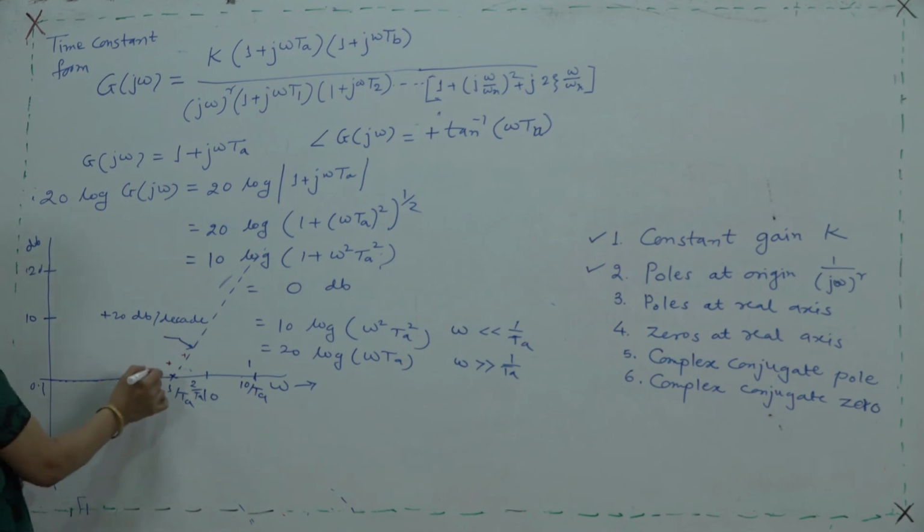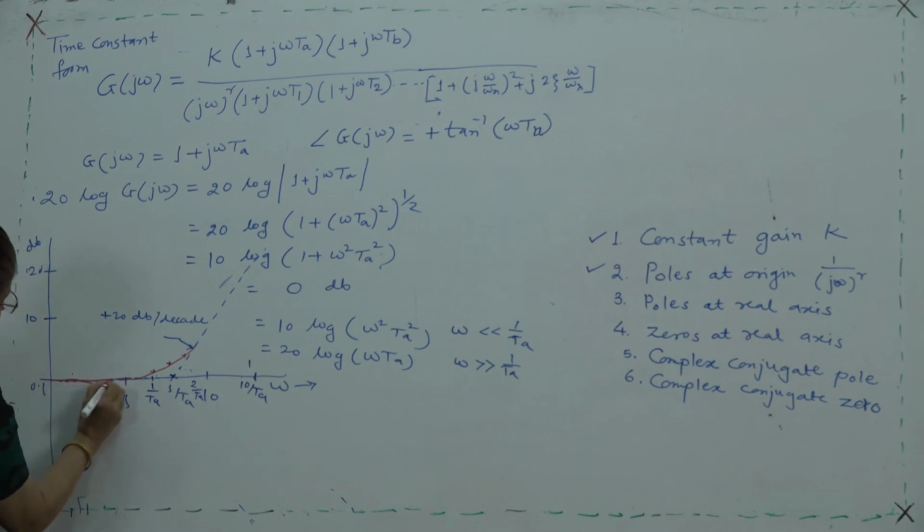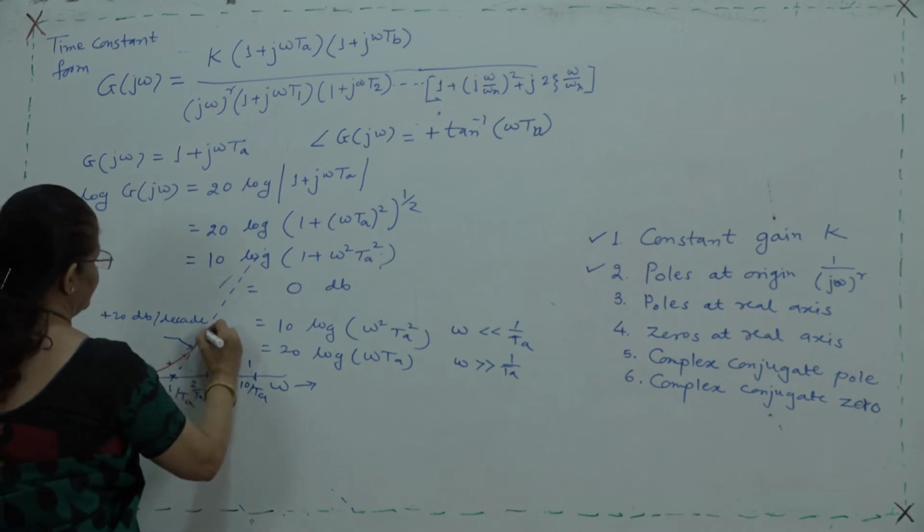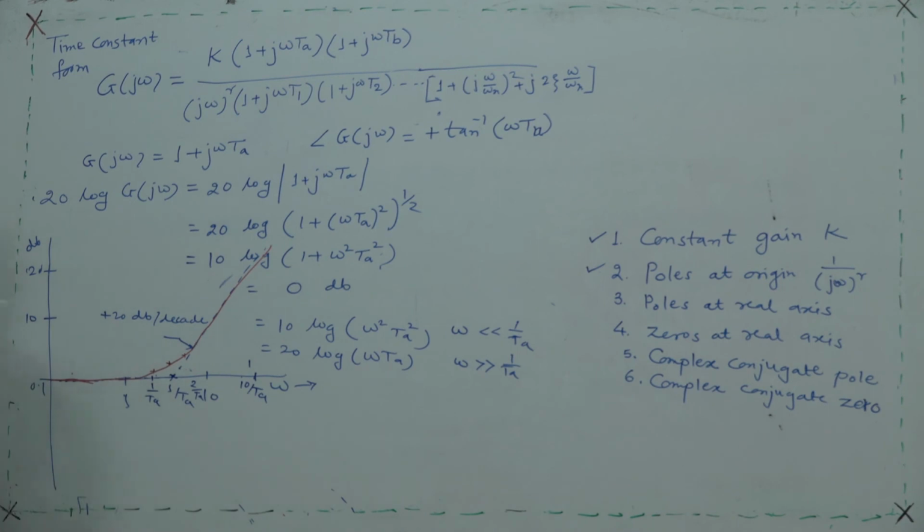Then draw a smooth curve. 3 points you got it, so draw a smooth curve. Then connect it with the 0 dB line. So, this is the magnitude plot for 1 plus j omega T A.